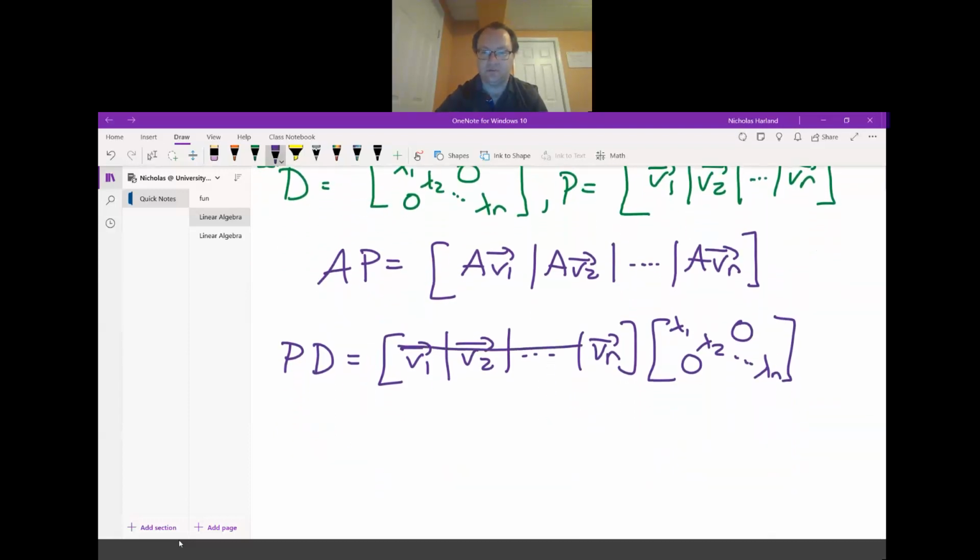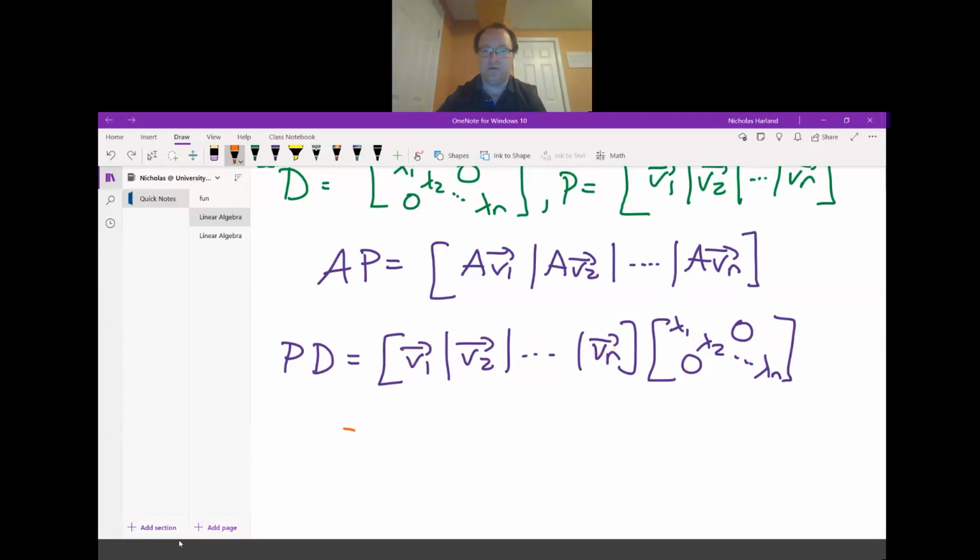So if we took the first row of P and multiplied it by the first column of D, what are we going to be left with? Well, the only thing that's not 0 is the first entry of V1 multiplied by lambda 1. Everything else is going to be 0. If we took the second row of P and multiplied it by the first column, then again, the only thing that's not 0 would be the second entry of V1 multiplied by lambda 1.